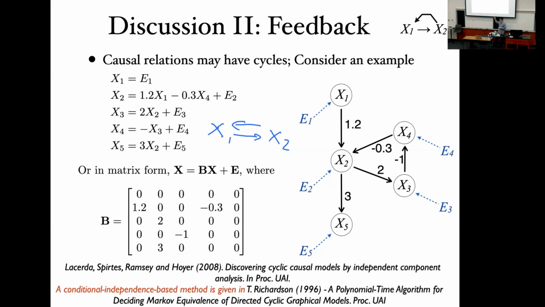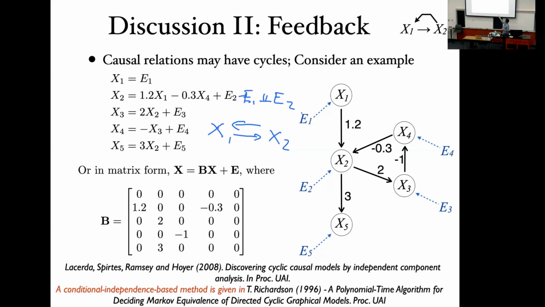Noise terms are independent. So if you have only two variables, then the noise terms in X1 and X2 will be independent, right? That's always the case. E1 in X1 is independent from the noise term in X2. Good.